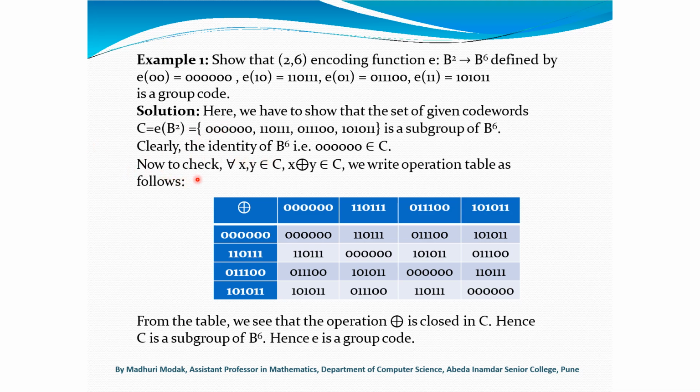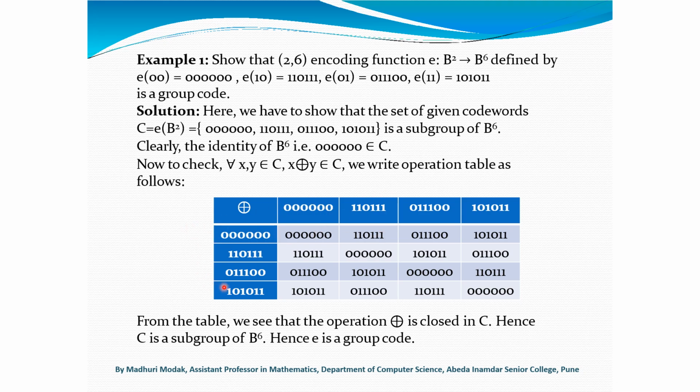Now to check the binary operation or closure property, as it is a finite set, we prepare a composition table. So we have written the members of C as a heading row and heading column. The operation defined on C is the same as in B^6, which is the ring sum operation. So we add all these elements. If you add 0,0,0 six times to any element, we get the same element, so the first row is identical to the heading row.